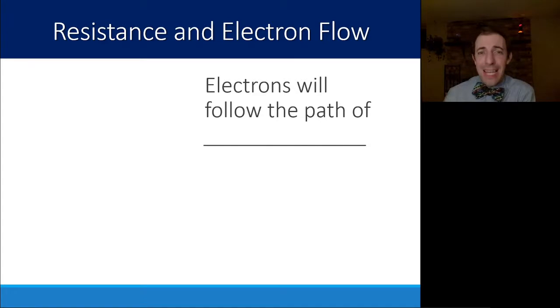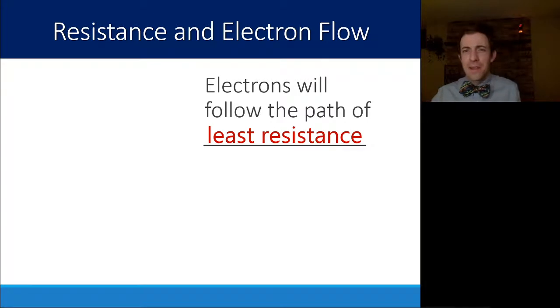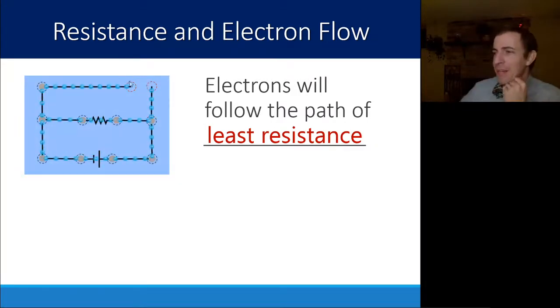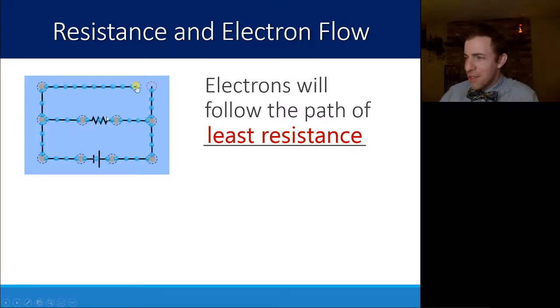Now, electrons are going to flow in a way that is based on how the resistors and the resistance of the circuit is set up. They typically will follow the path of least resistance. So a good diagram here: I've got this circuit that I can totally break.